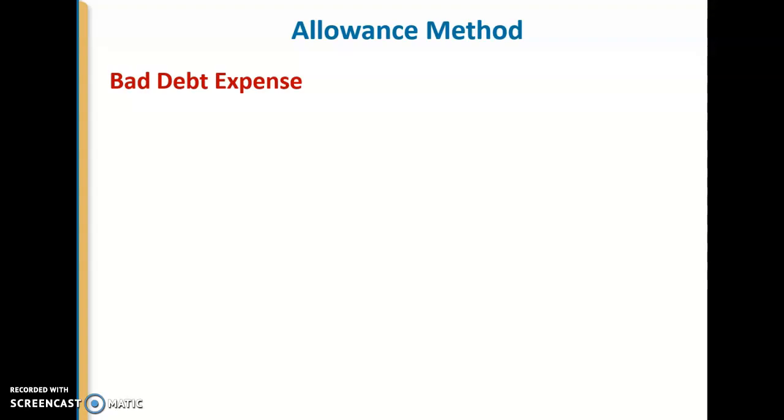They're in the module in Canvas for the Chapter 7 videos. So please review those 4 videos as your discussion for accounting for bad debts expense under the direct write-off and allowance method, etc.